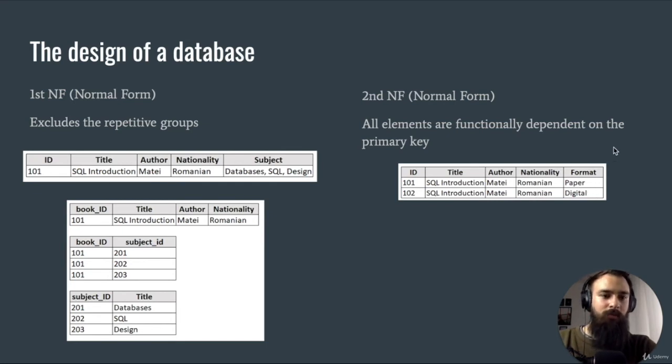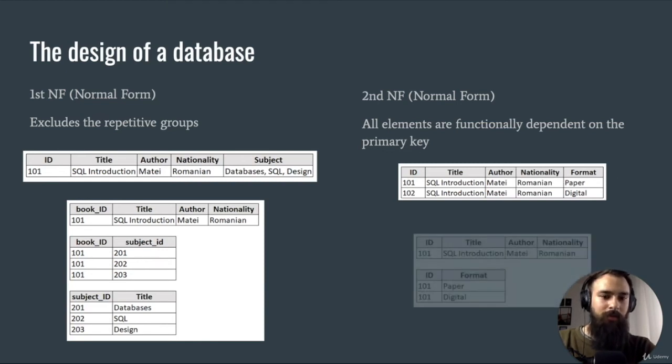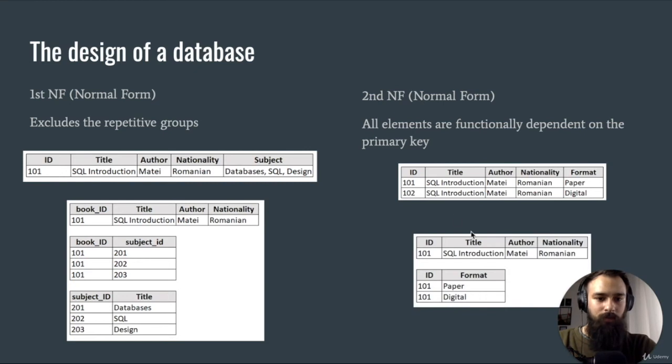That means the format is not dependent on the primary key, and we have to split the table into two. One that contains the data about the book, the title, author, and nationality, and one that contains the formats, paper and digital. And we assign each format to the book we want, in this case 101.